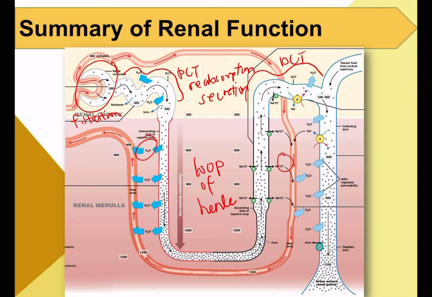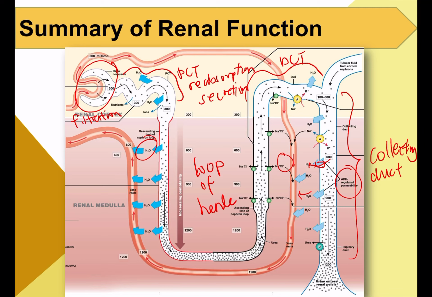And then you have the collecting duct, which is where we can do facultative water reabsorption, depending on whether we have ADH stimulating more aquaporins to be made available within the collecting duct, to allow more water reabsorption back into our vasa recta or peritubular capillaries.